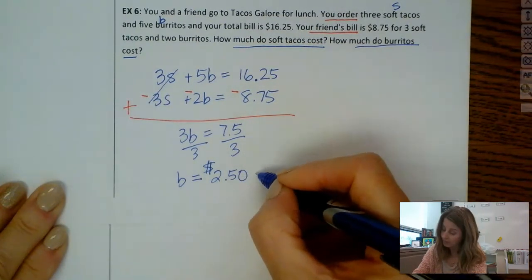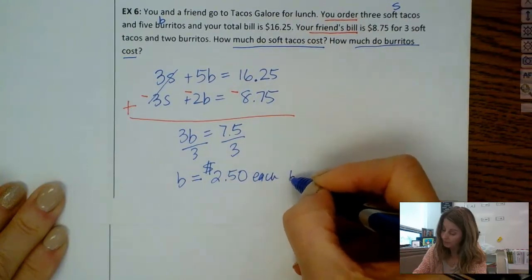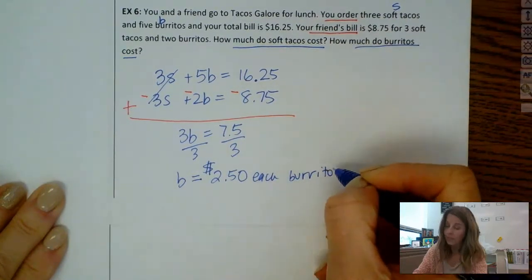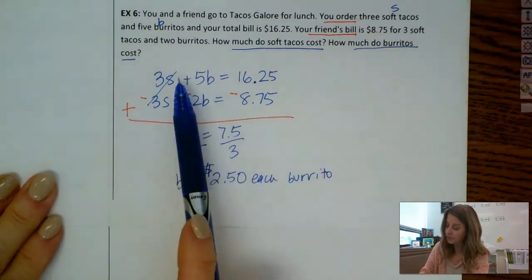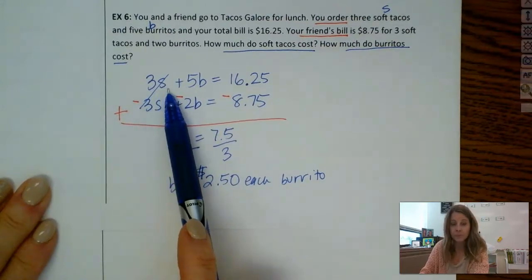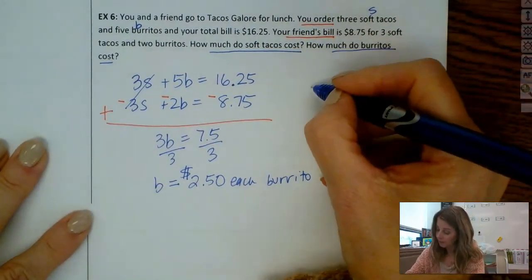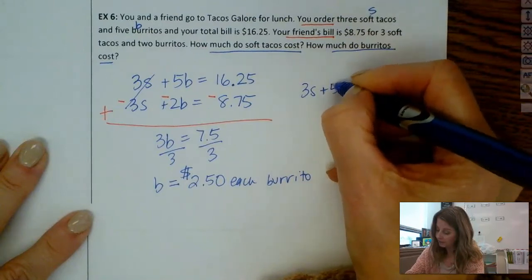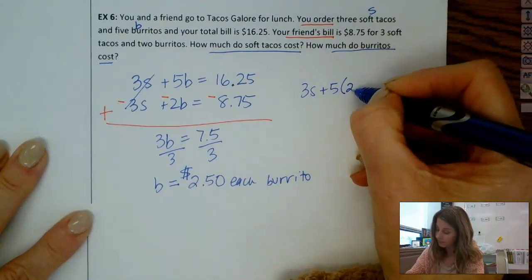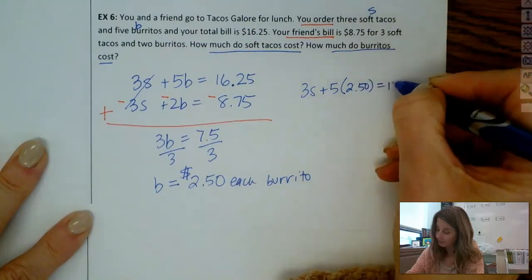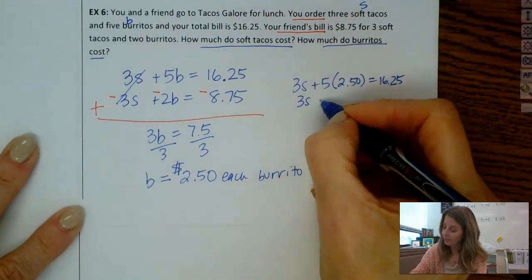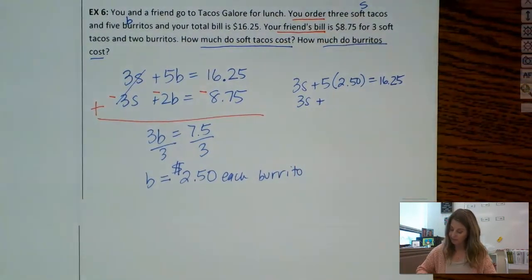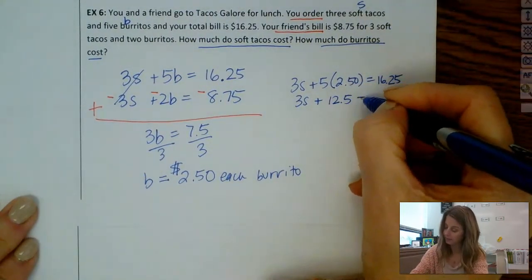Okay, so I'm going to add here each burrito. Okay, let's plug that in and figure out the soft tacos. So I'm just going to go to the top one to plug in. So I'm going to have 3 times S plus 5 times B, which is $2.50, equals $16.25. Okay, let's solve. 3S plus, let's multiply that. 5 times $2.50, so that's going to be 12.5.